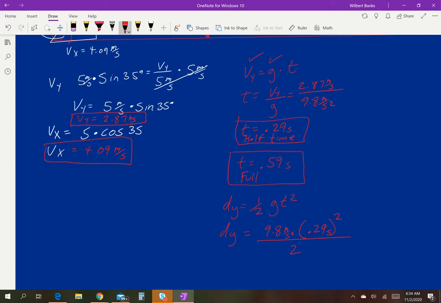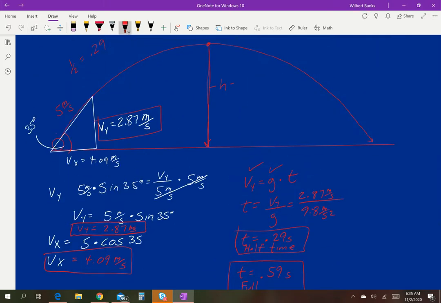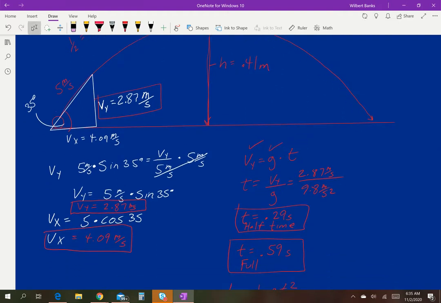So I'm going to put that in my calculator: 9.8 times 0.29 squared. Then I'm going to take that and divide it by 2. And it's going to equal 0.41 meters. So now I know that this right here is 0.41 meters.